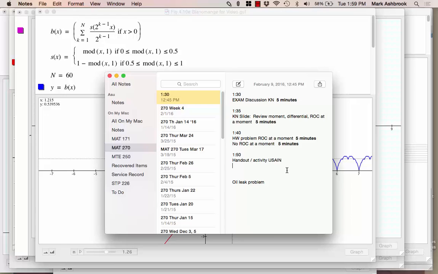All right, so we need these handouts. Can you help me hand out stuff, please? That's for the first 2 rows.